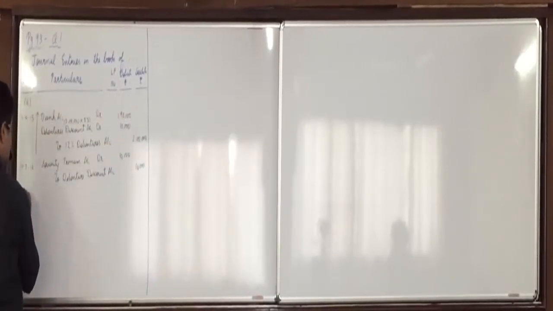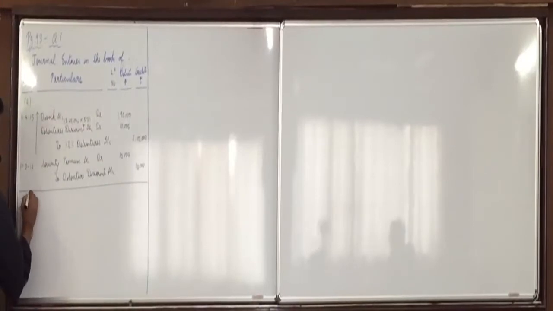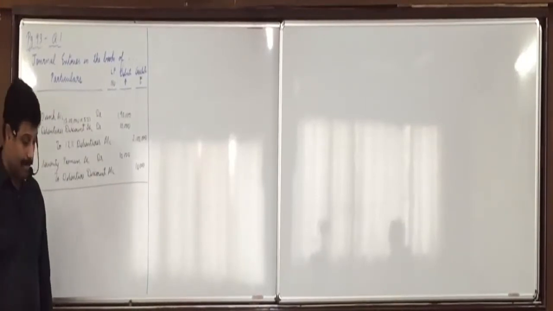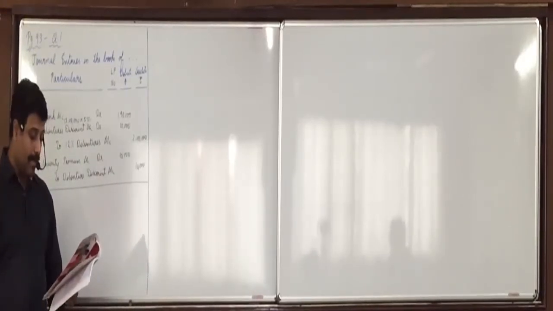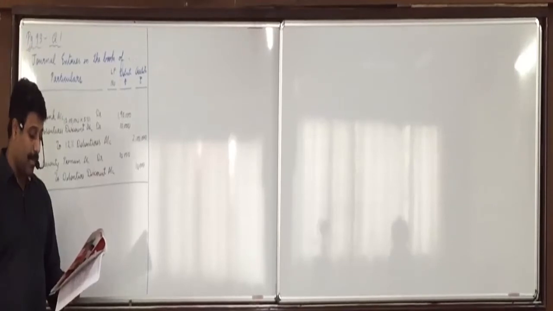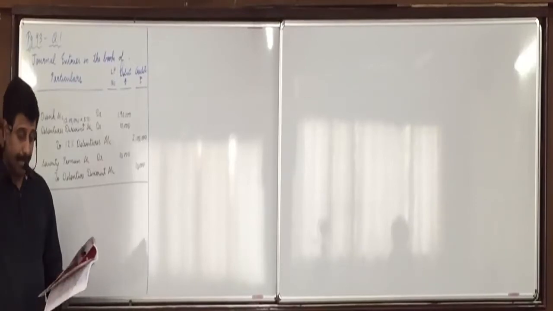So option A is done, okay? Now option B. Now see what is given in option B. Company issued 40,000 12% debentures with a premium of 5%, redeemable at par, and issued at premium.